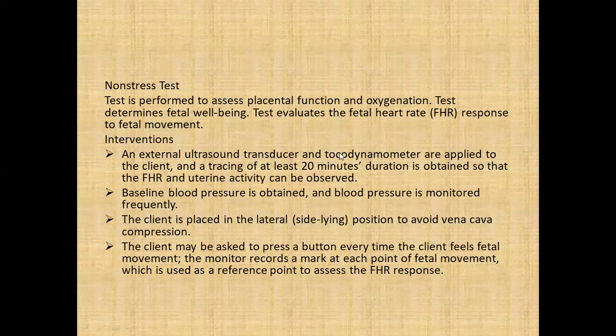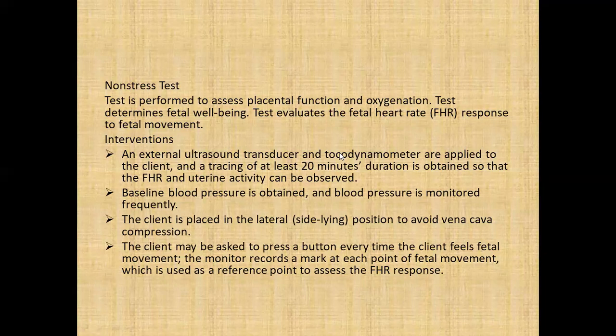So it is performed to assess placenta function and oxygenation. The test determines fetal well-being and evaluates fetal heart rate in response to fetal activity. So we are looking at what happens to the fetal heart rate during fetal activity.